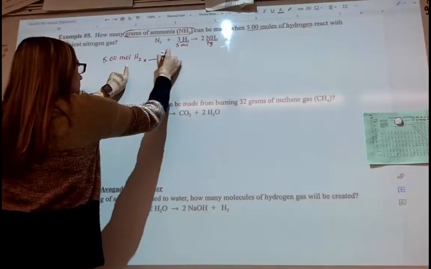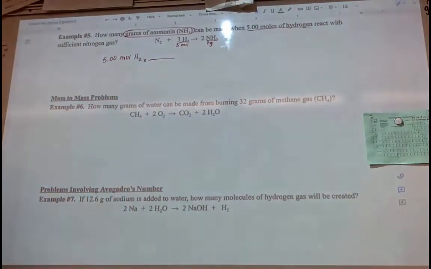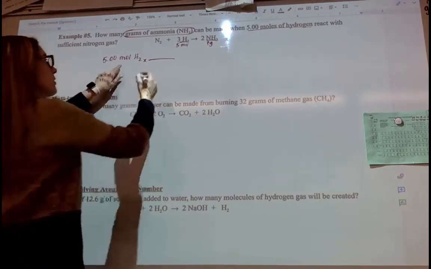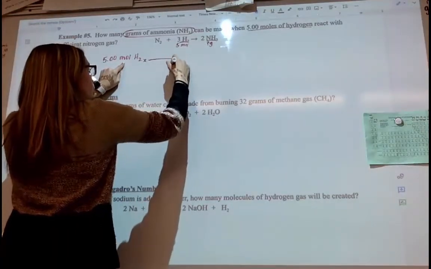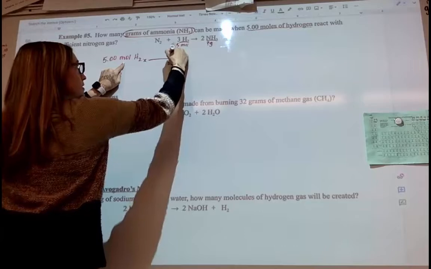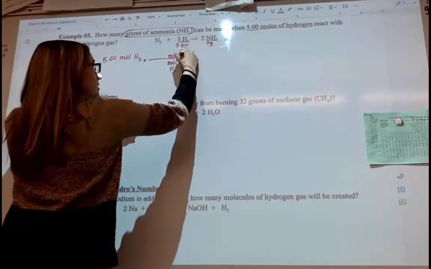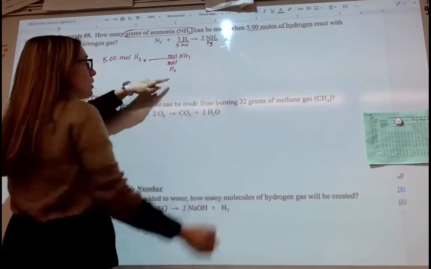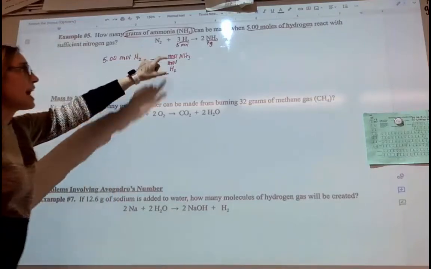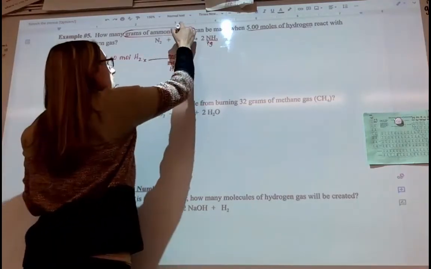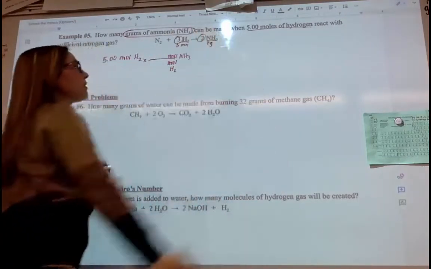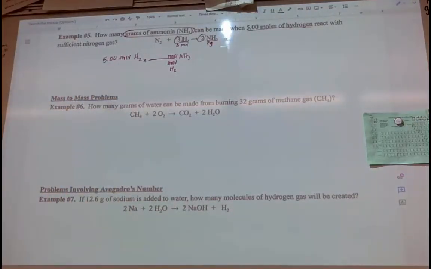Then, to go between substances, it has to be the mole ratio. So I want to go from hydrogen to ammonia. To go from one substance to another, it has to be moles because these coefficients from the balanced equation tell us the number of moles that are needed to react.